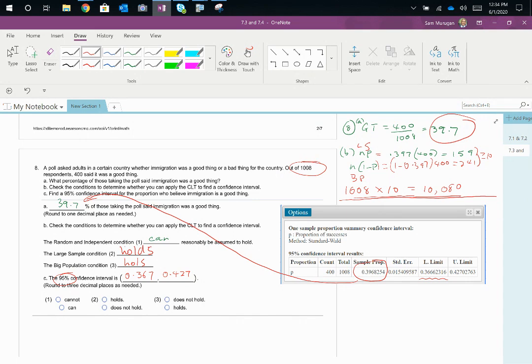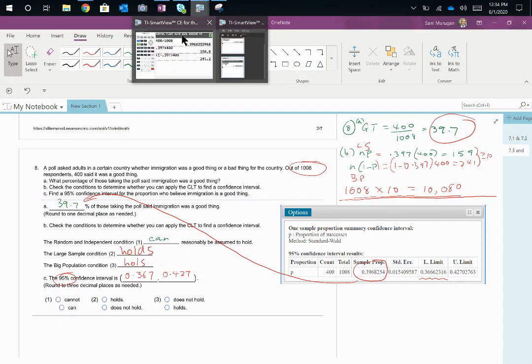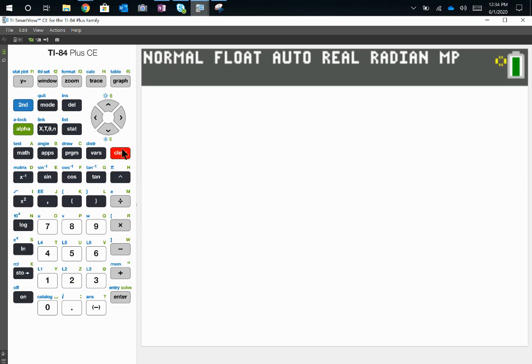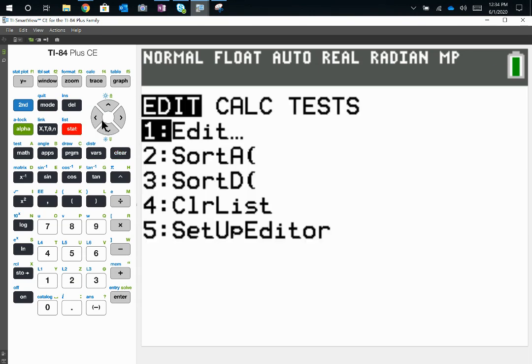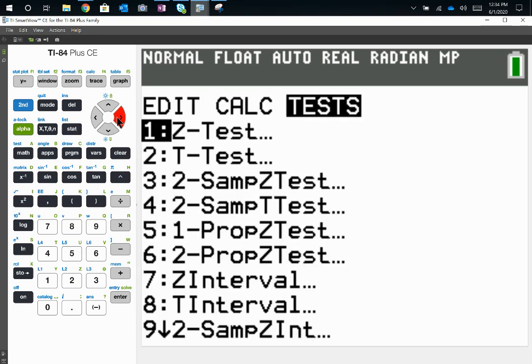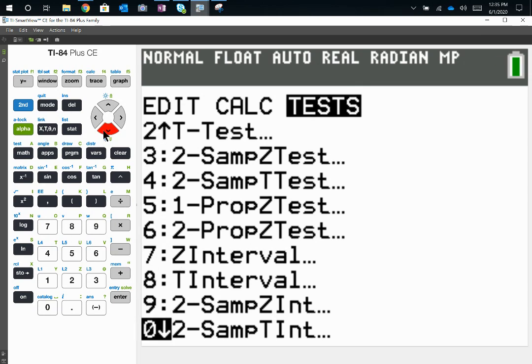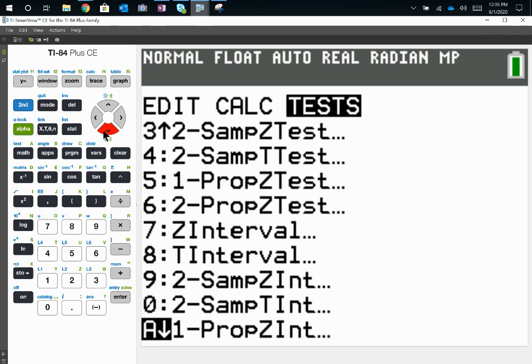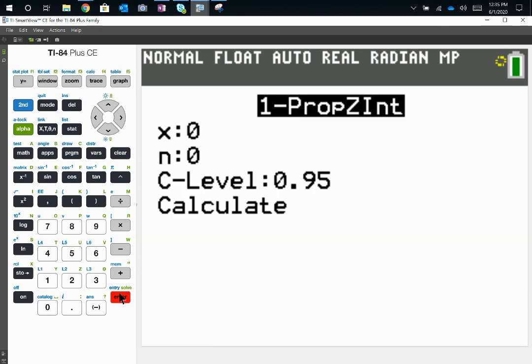Now, if you wanted to do this with the calculator, you can also do that with the TI-84. Press the Stat button, scroll over to Tests, and scroll down until you get to one sample proportion Z interval.